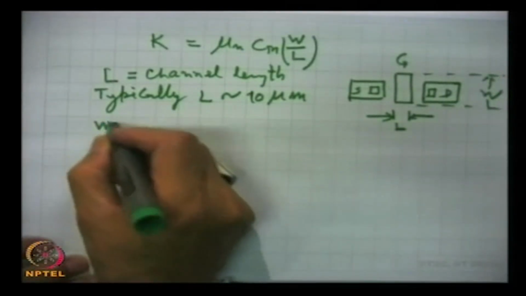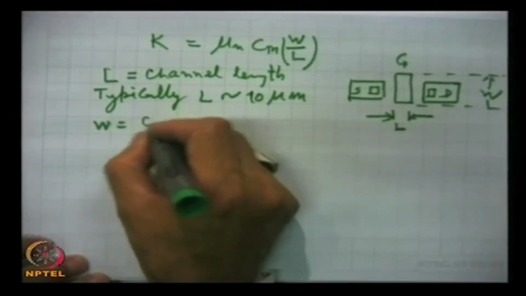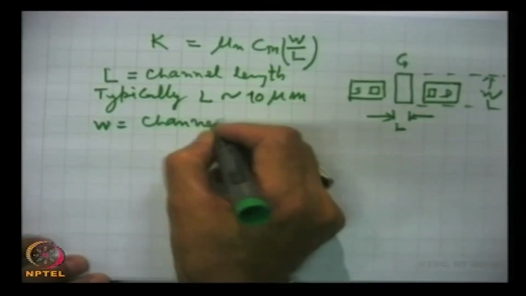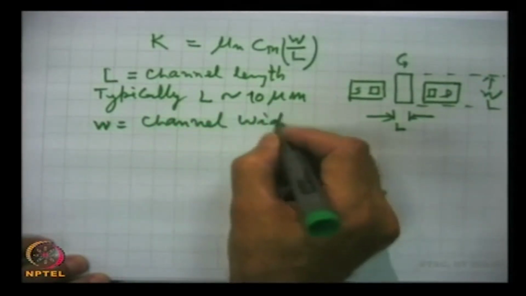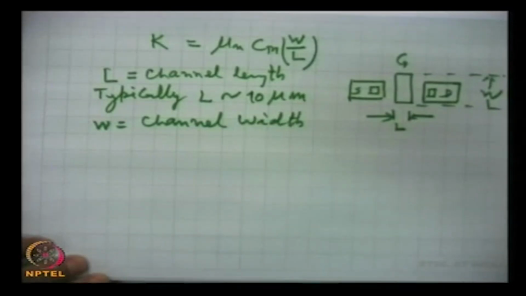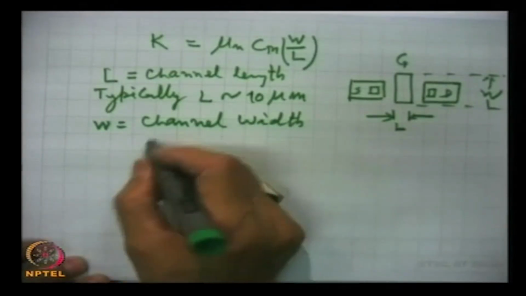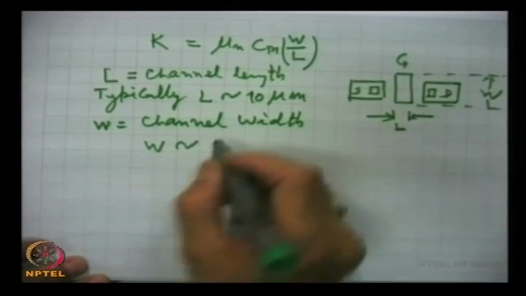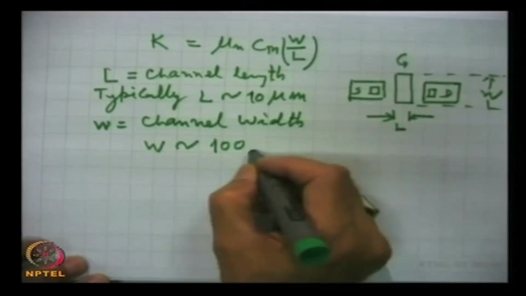W is the channel width, and typically W is of the order of 100 micrometer.